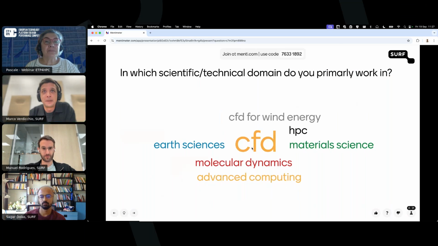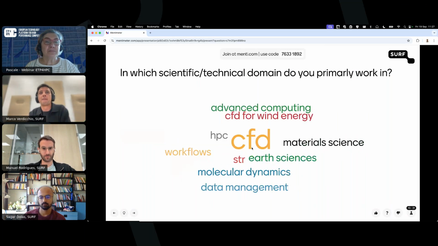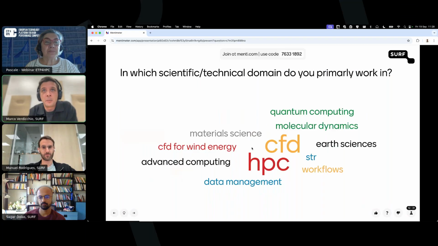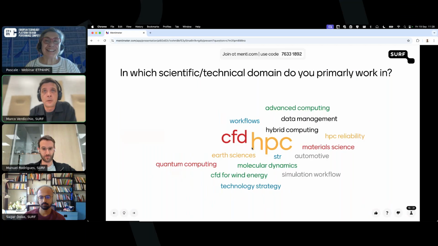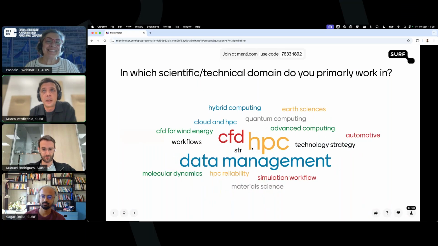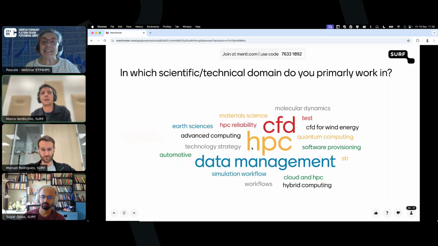As detailed as you like. We saw in the previous questions many researchers and scientists, so I'm not surprised to see a lot of scientific domain, HPC, data management.